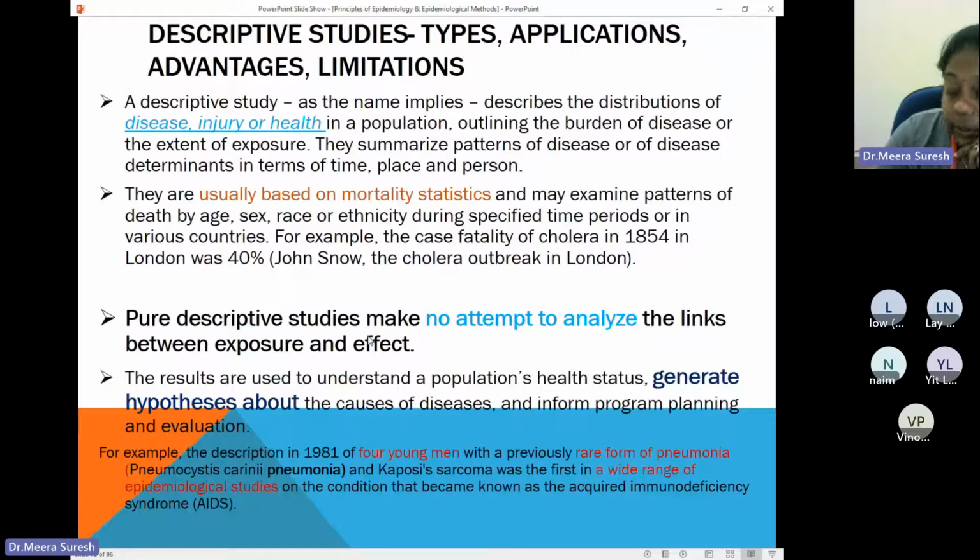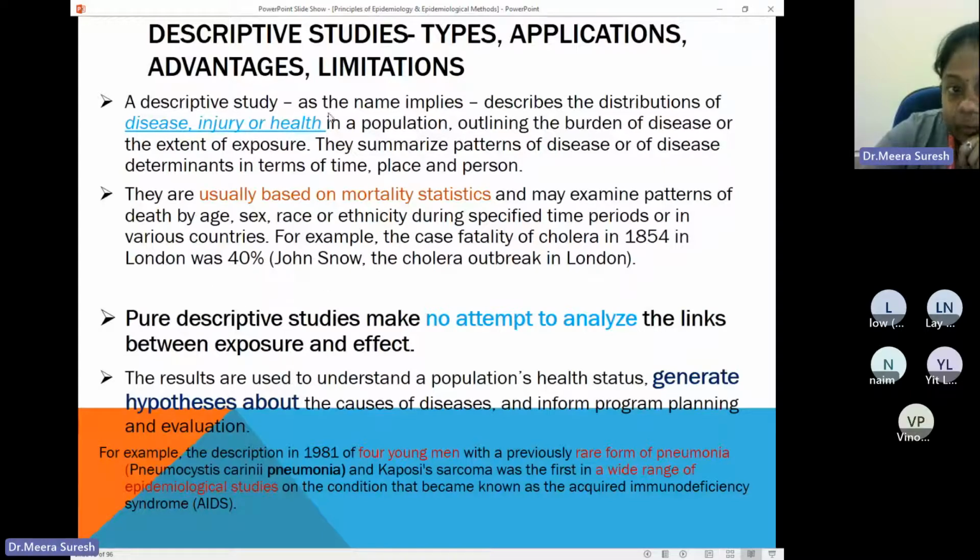There may be a lot of causes, but whichever disease we take, we try to find out its etiology, from where the disease is coming, the origin of that disease, and then we connect it to the outcome also.